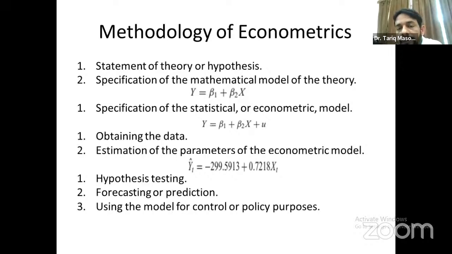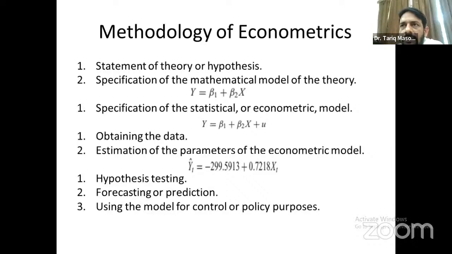So all those determinants are by default included in the error term, because you are not adding them in the formal model. So obviously they are included in u.